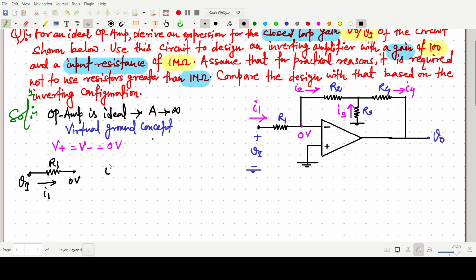So the I1 value will be the higher potential Vi minus 0 by R1, or simply Vi by R1.